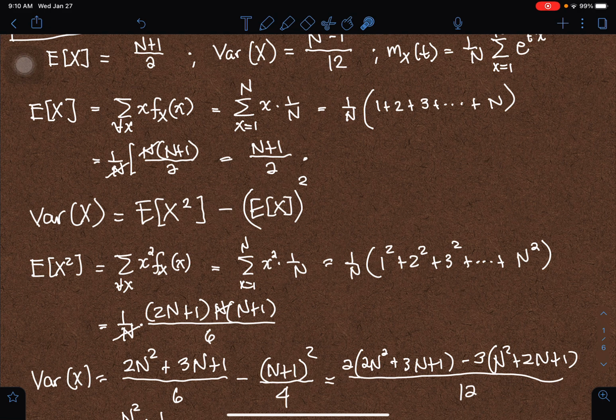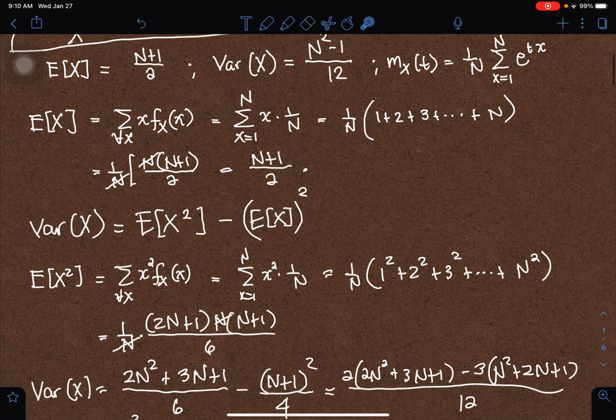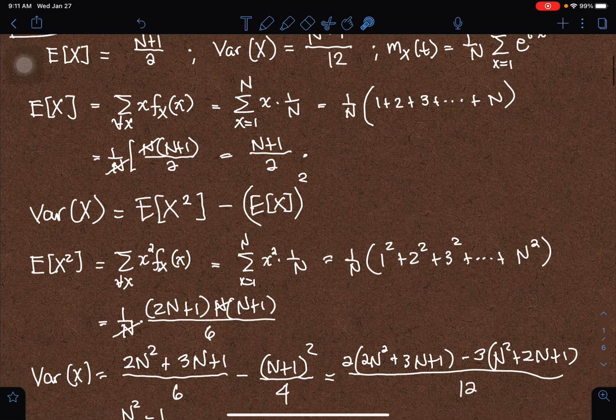But for deriving the mean, let's say that the outcomes are consecutive positive integers, so that the sum will just be capital N times n plus 1 all over 2. Since we have 1 over n here, we can cancel n, and we get capital N plus 1 all over 2. That's the mean of a discrete uniform distribution.